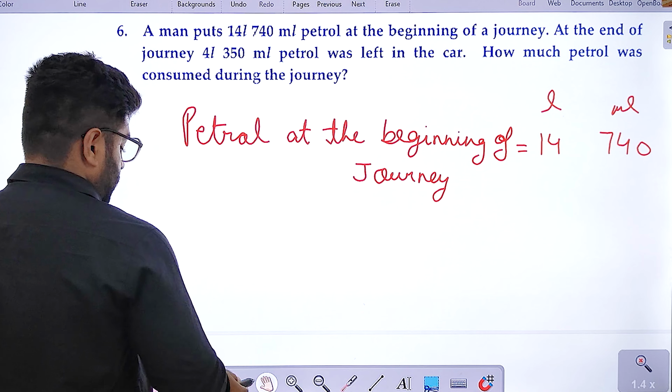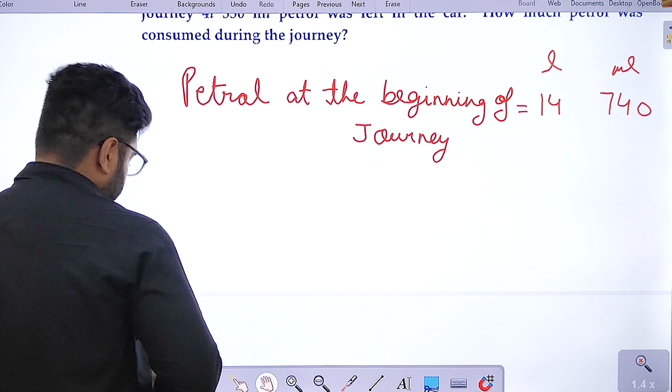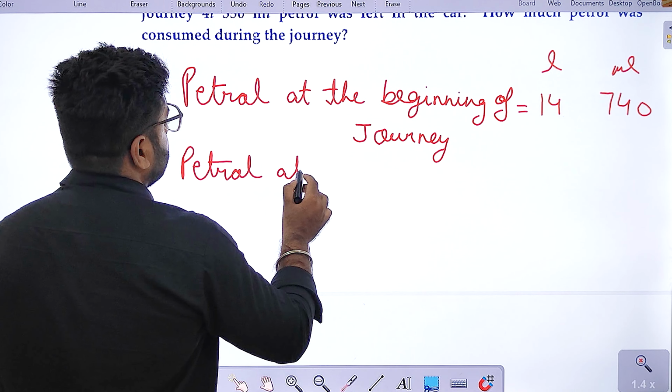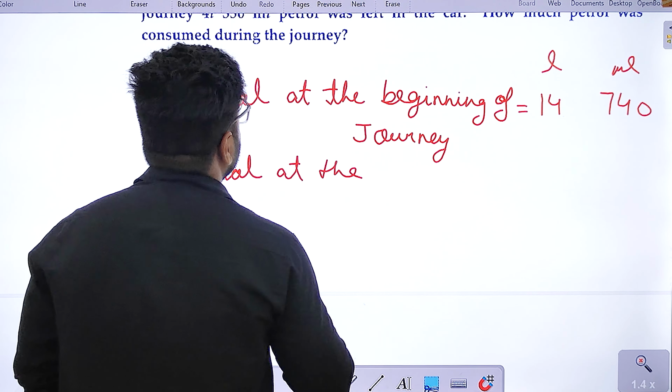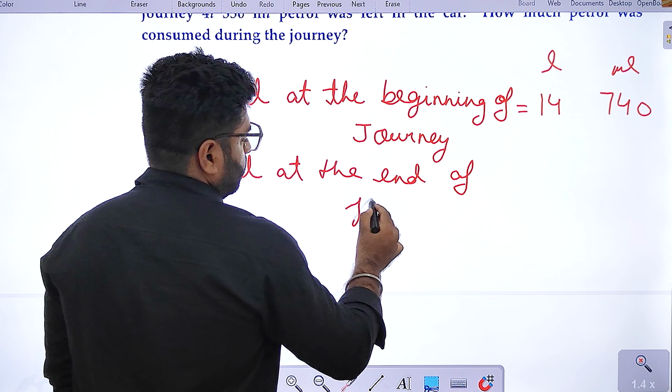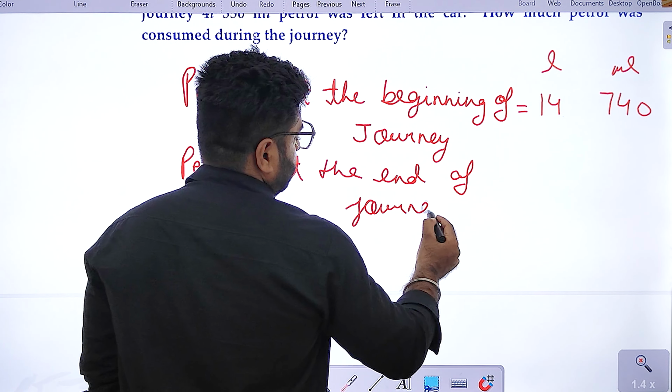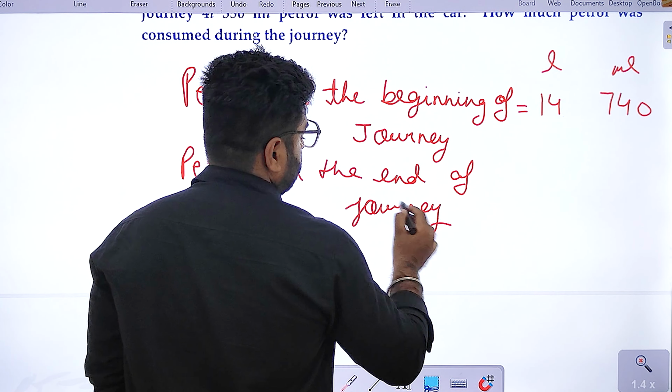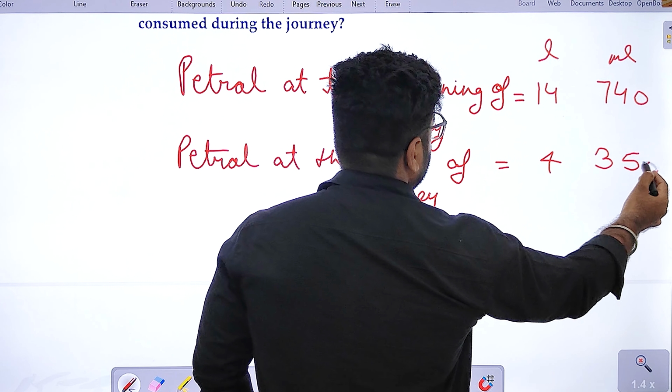Okay, then petrol at the end of journey. If we see how much petrol is left at the end of the journey, it is 4 liter 350 milliliter. Okay, so this is 4 liter and 350 milliliter.